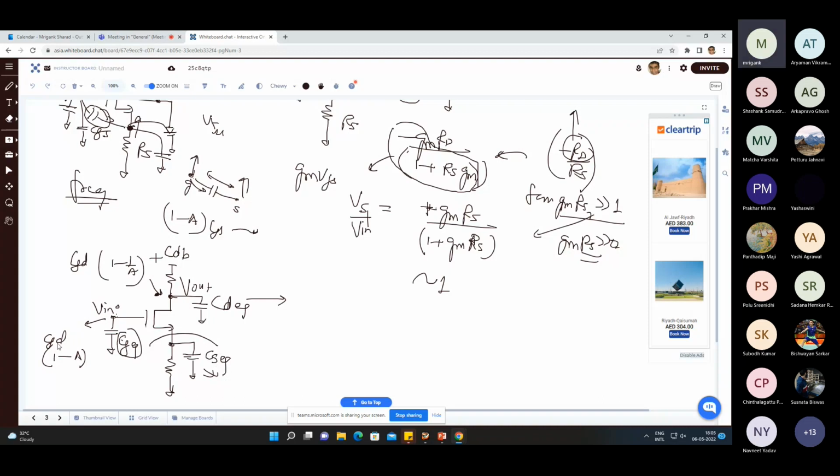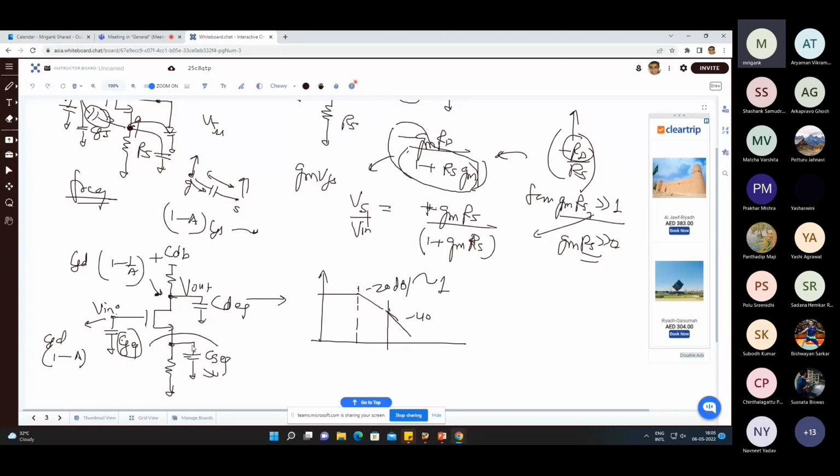Therefore, we can assume that this quantity, the CG equivalent, is larger. Therefore, the first dominant pole in the plot will come because of the CG equivalent, and the second pole because of the CD equivalent. So minus 20 dB per decade approximately, and this is minus 40.